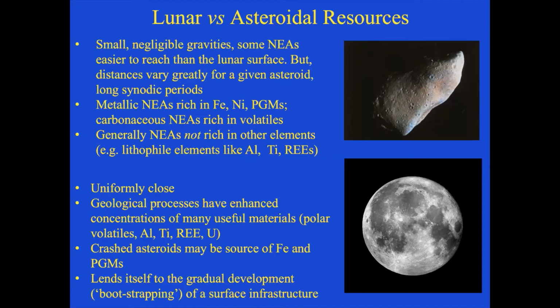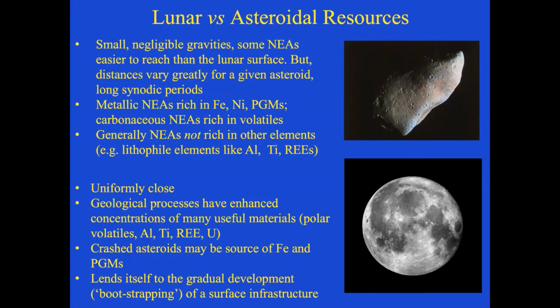In terms of energy to get there and back, some of them are easier to access than the lunar surface because their own surface gravities are so low. On the other hand, unlike the moon, they don't stay a constant 380,000 kilometers away. They can approach the Earth to within a few Earth-Moon distances, some of them even closer.